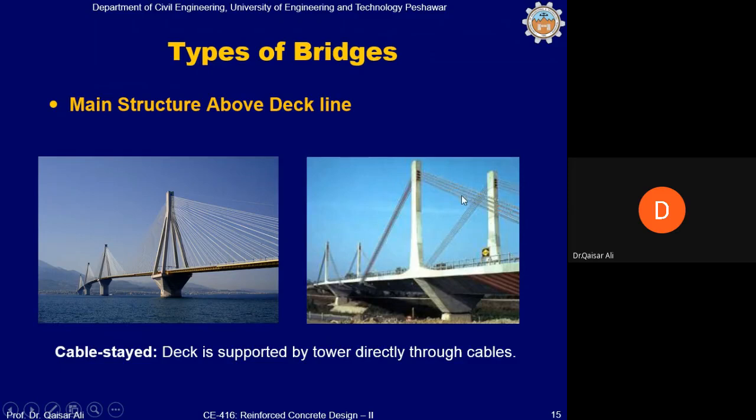So in this case, the cables are directly connected to the tower in the bridge, and the load is directly taken by every cable, and every cable transmits this load to the tower, and in turn the tower transmits this load to the pier, and from the pier it goes down to the ground.